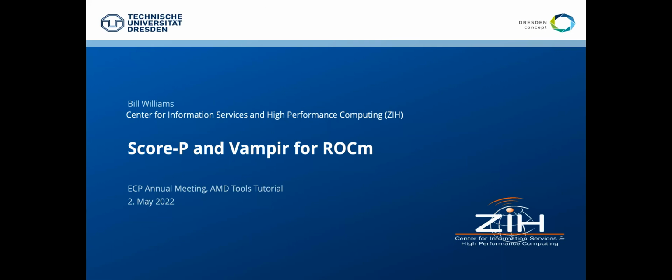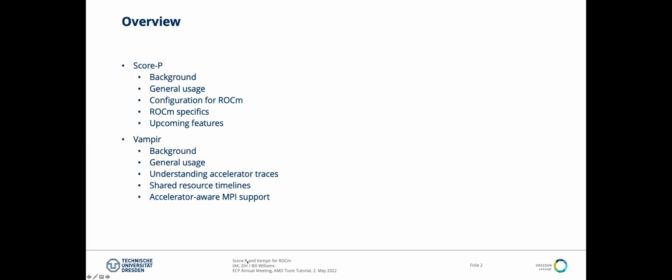So, I'm going to be talking about a couple of the tools we work on at TU Dresden, Score-P and Vampir, and what we've been doing to add support for ROCm and for AMD GPUs in general to this. So first, a brief overview to make sure that everyone is familiar.